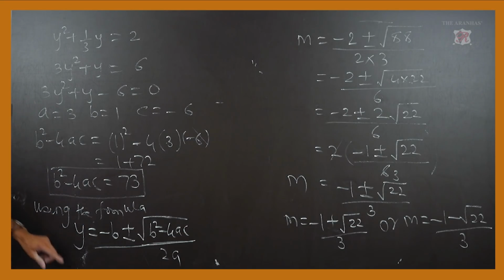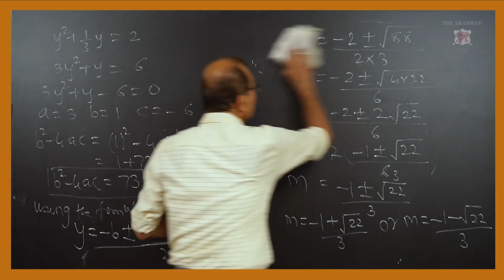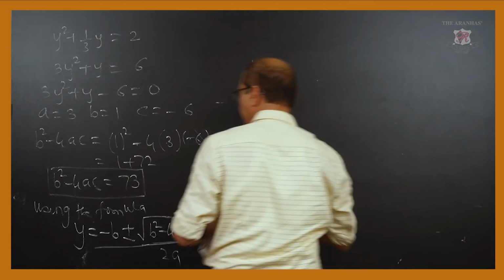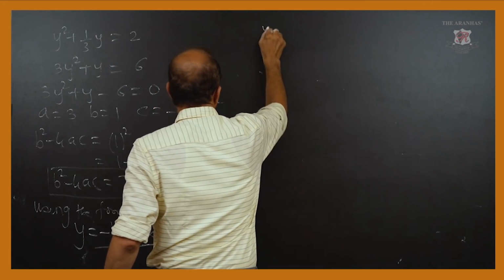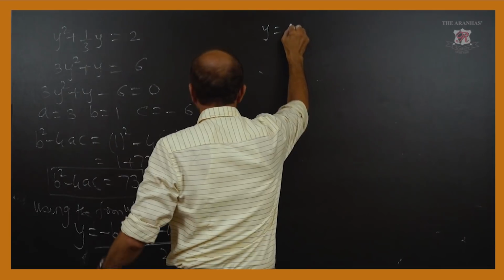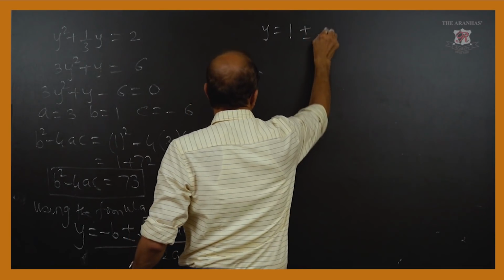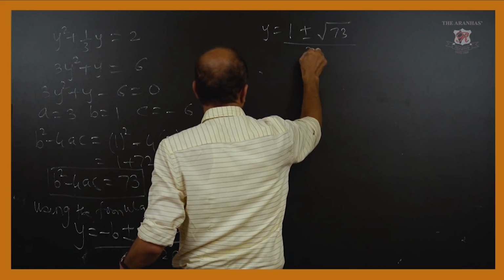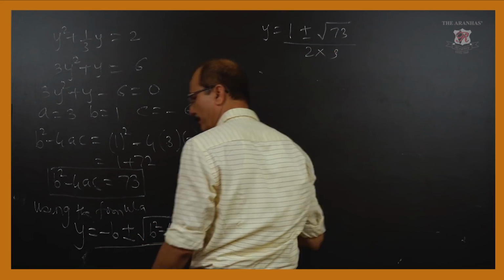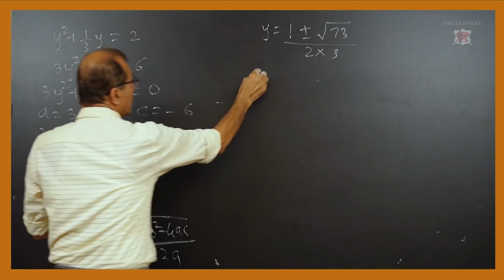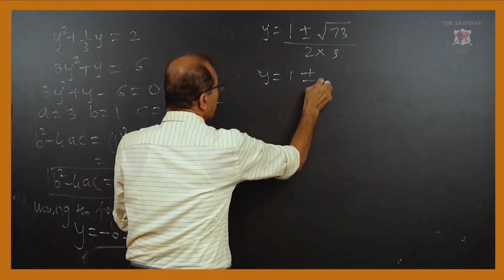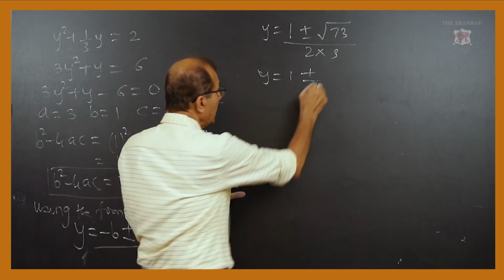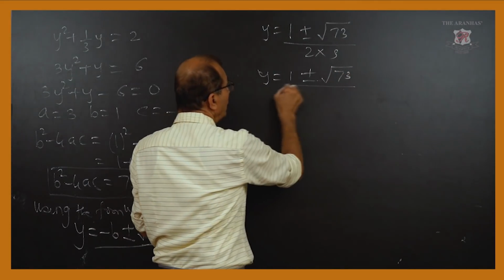And now you put the value of minus b, so y is equals to b is 1 plus minus root of, what is b square minus 4ac? 73 divided by 2 into a is 3. So, you get here y is equals to 1 plus minus, now 73 you cannot further simplify, so keep it as it is upon 6.